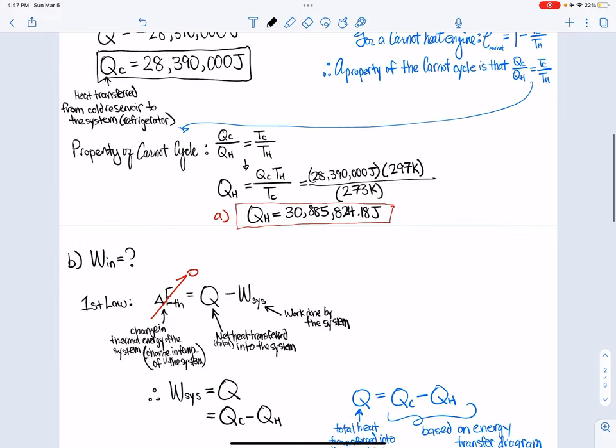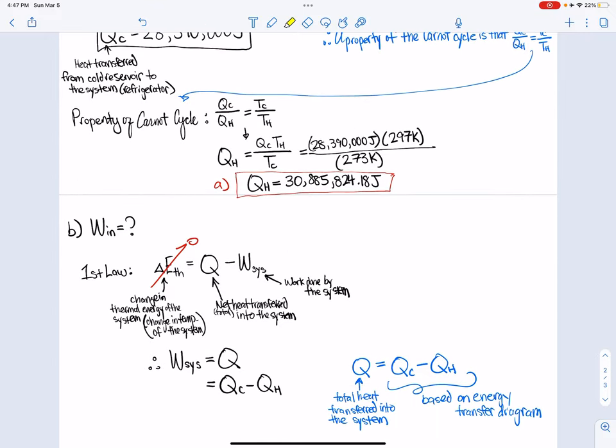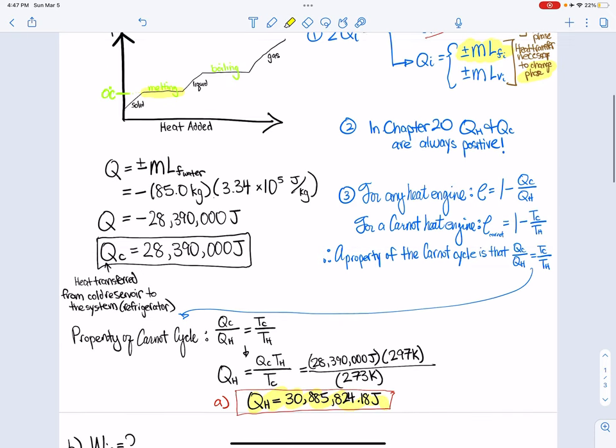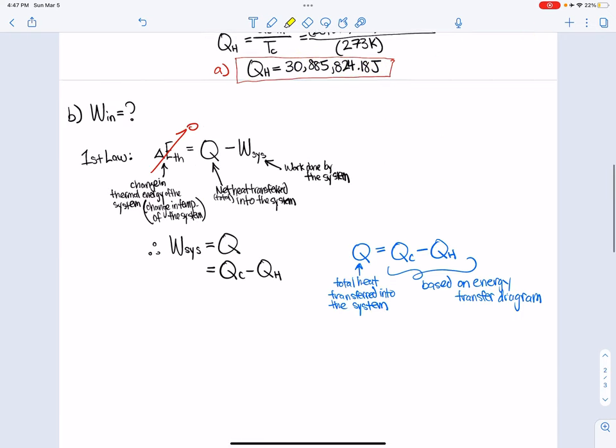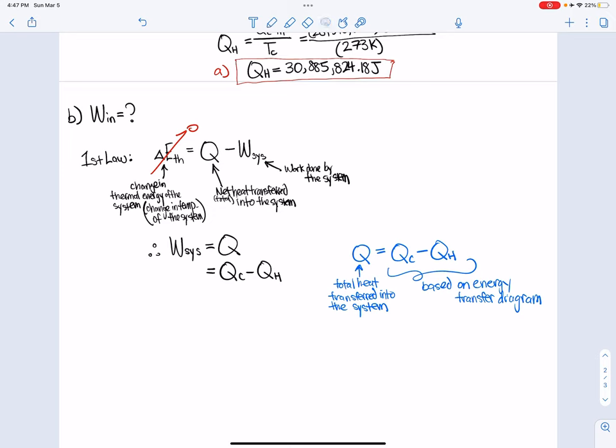And I know what QH is. I solved for it in part A, right here. I also know what QC is. I also solved for it in part A in order to find my QH. I'm just going to plug those values in. I'm going to make this a little smaller so I have more space.